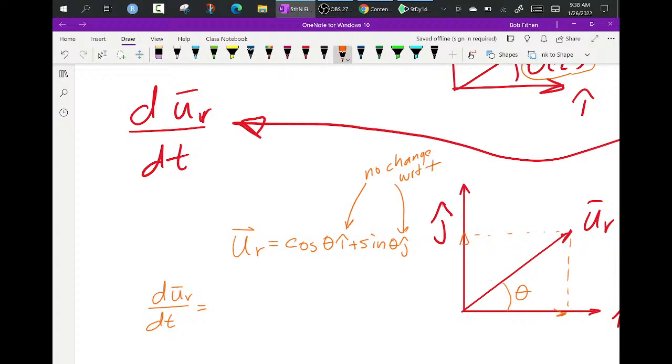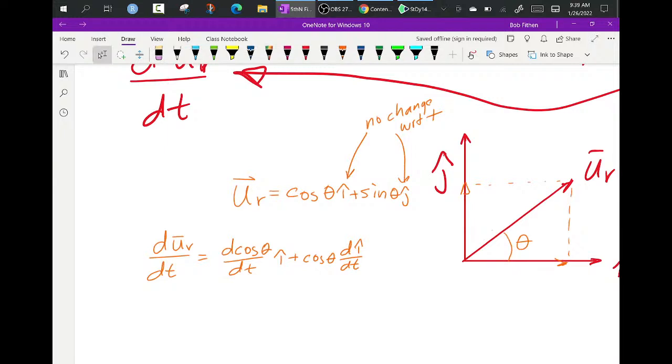So ordinarily I would do this: derivative of cosine of theta times i plus cosine theta times derivative of i with respect to time, and then plus derivative of sine with respect to time times j plus sine theta times derivative of j with respect to time. But this and this are 0, and so I'm just going to do this.